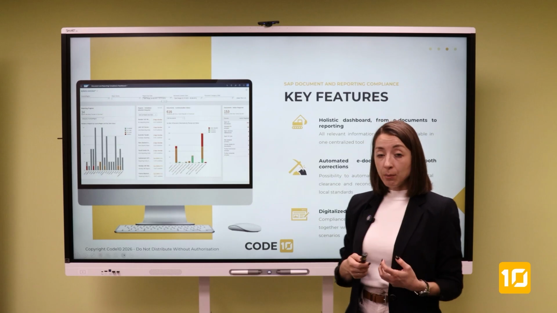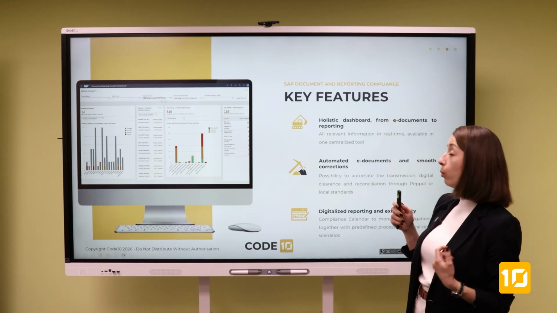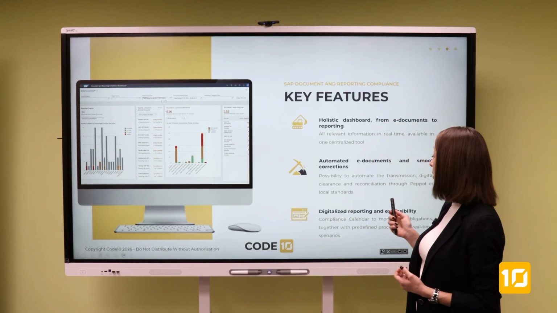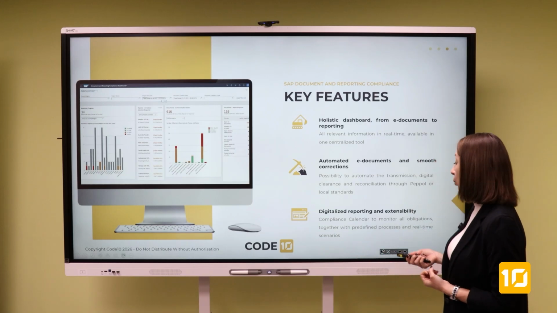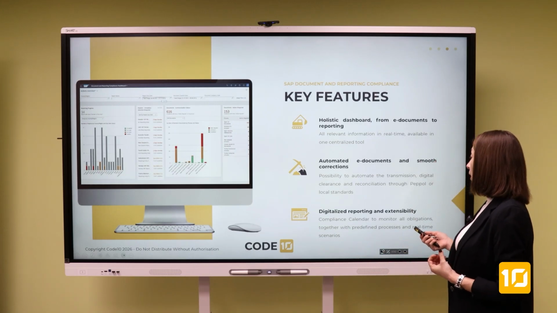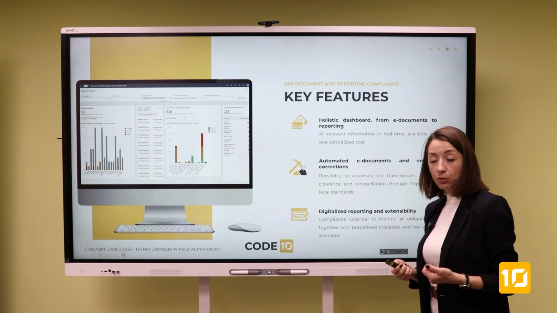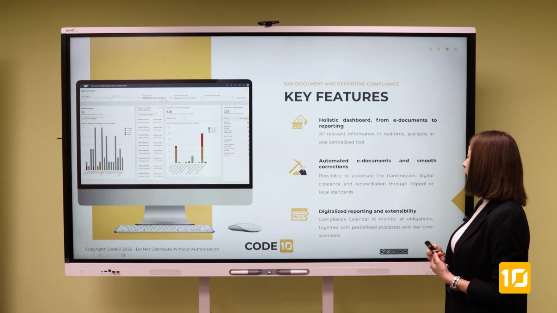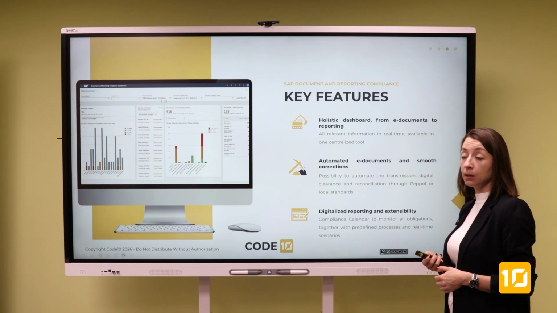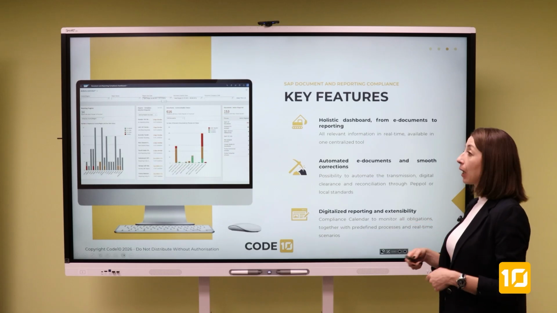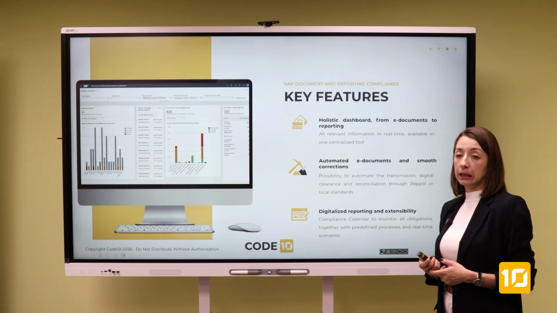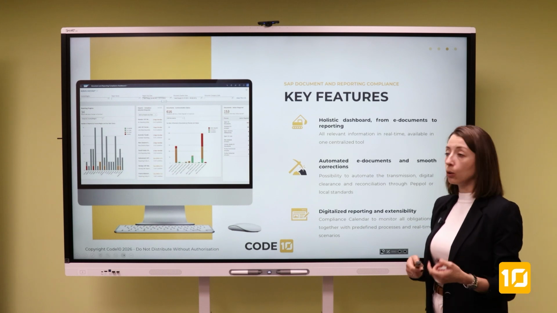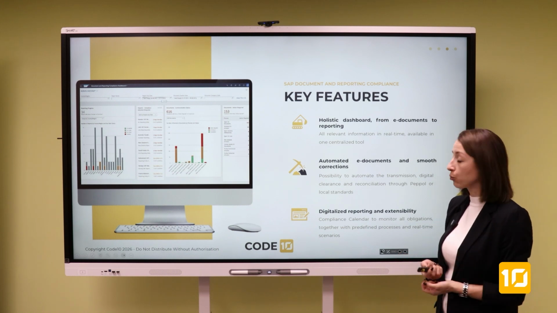So the dynamics of it is very important for us to be aware, first of all, that this is the situation, and then SAP is able to provide, and we need to be aware of it, that we have the possibility to extend relatively easily. So we have a compliance calendar that we can check. We can relaunch or re-execute some reports that we already did, so we don't have to start from scratch if the same rules apply.